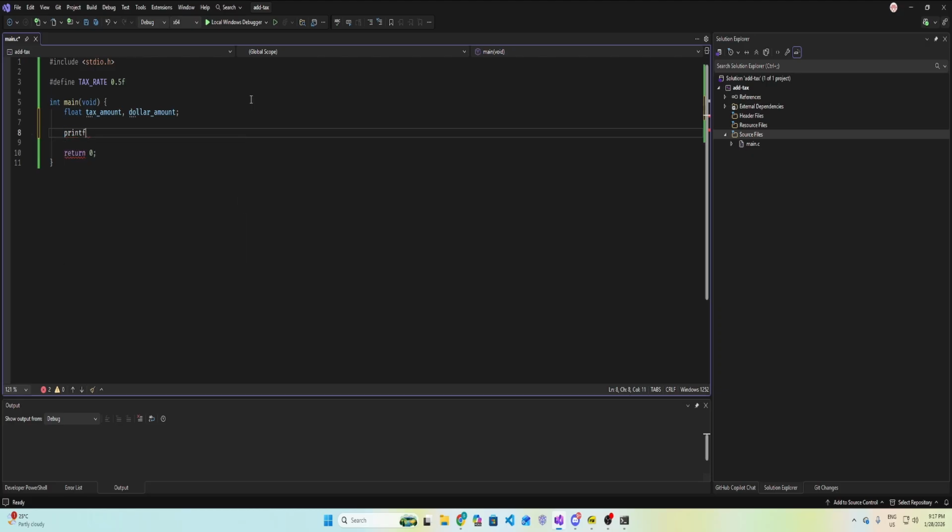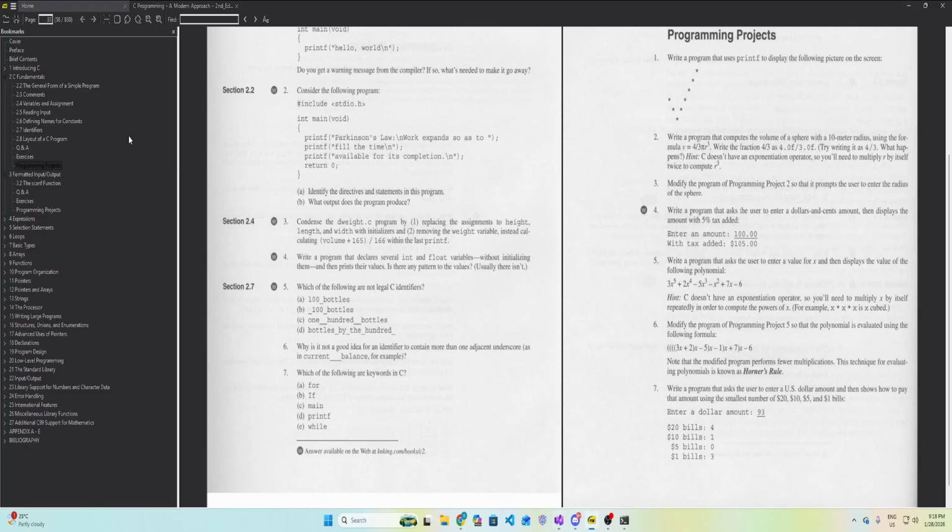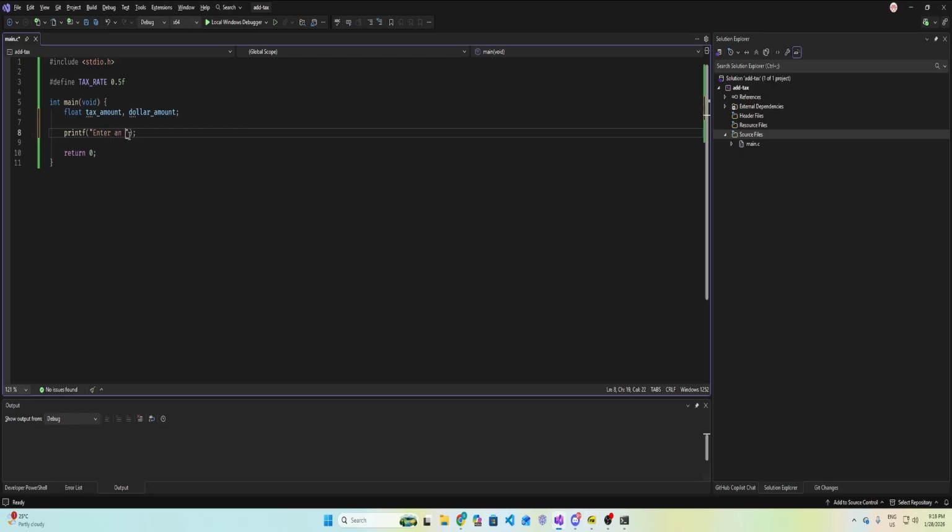So we print, book says enter an amount. So enter an amount, scan. It's going to be a float, and this is going to go into dollar amount. Oops.